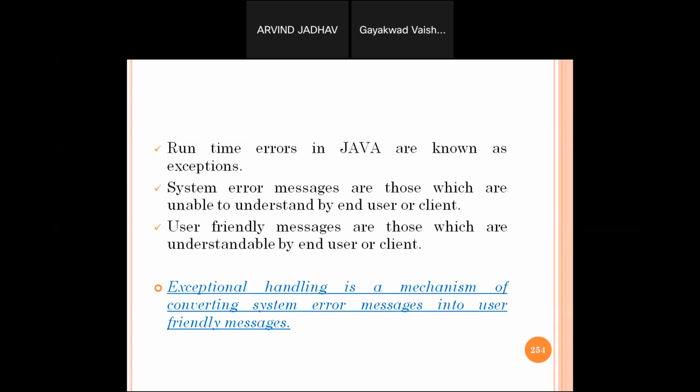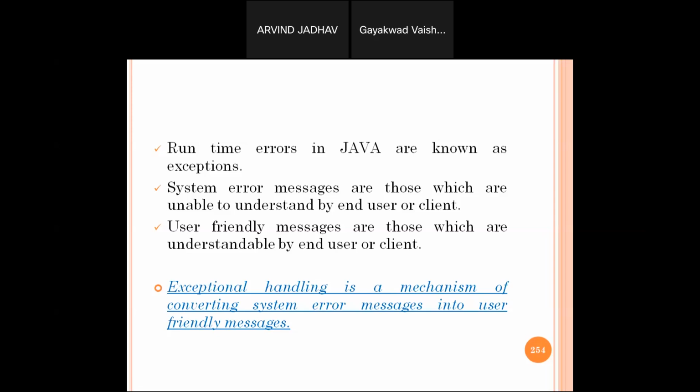System error messages will not be understood by the end user, but user friendly messages will be. For example, my array size is 5 and I am entering the value 6, that means array out of bound. Okay, so the end user will not understand this error, but if we try to convert this system error message into a user friendly message, then it is possible for the end user to understand. So what is exception handling? Exception handling is a mechanism which will convert system error messages into user friendly messages.